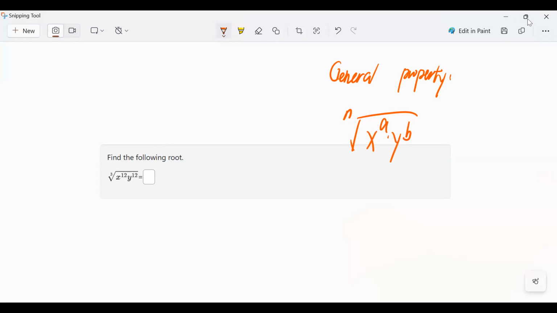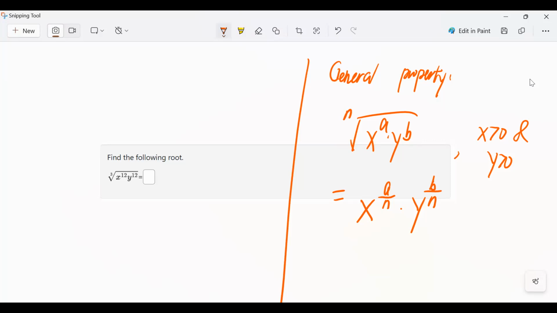So the easiest way to do this is to use exponent a divided by index n, and the same thing for y, you do b over index n. And here we're assuming x is greater than 0 and y is greater than 0. So this applies to any root. This is a universal property.